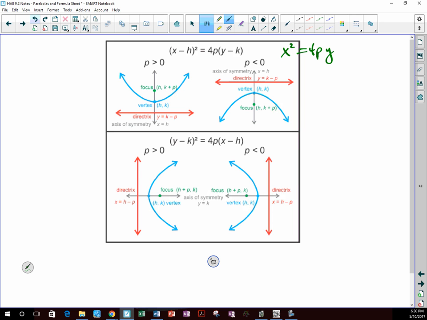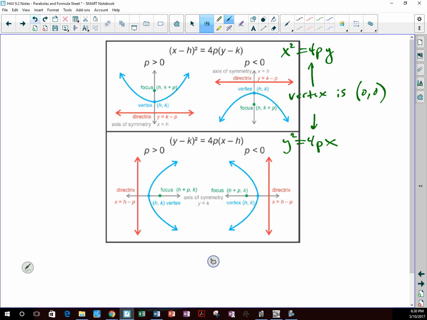If the vertex is the origin in this case down here, then we have y squared equals 4px as our equation. So these are the equations if the vertex is the origin. Those are our two, much simpler obviously than if you have the h and k to worry about.